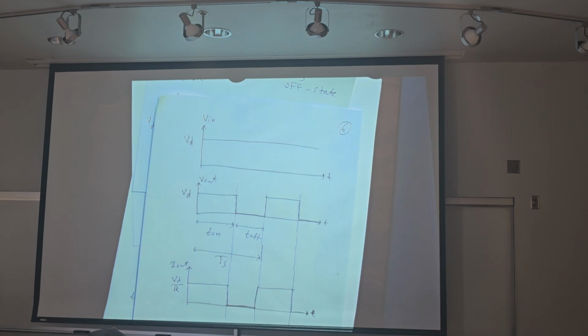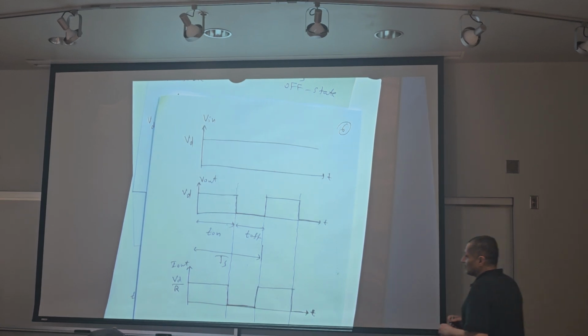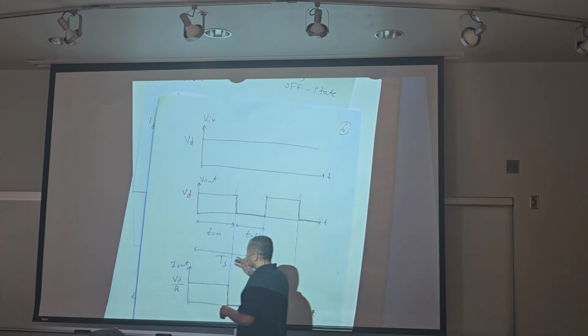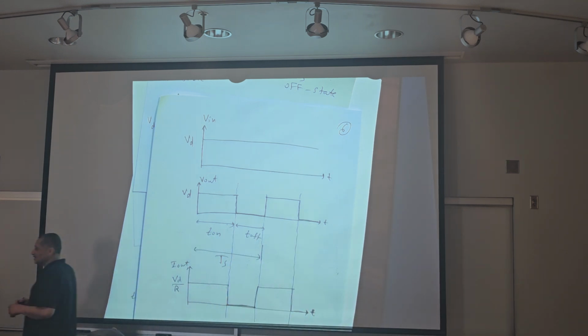So we will discuss V out and I out as DC and RMS, and you will know why this is called step down.